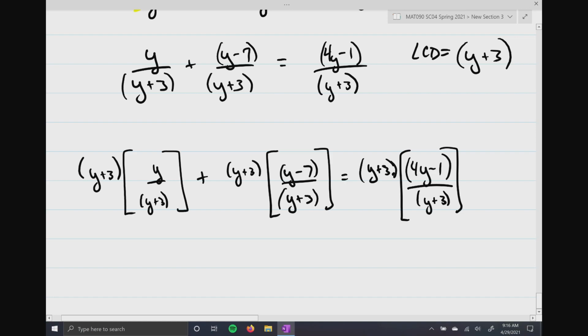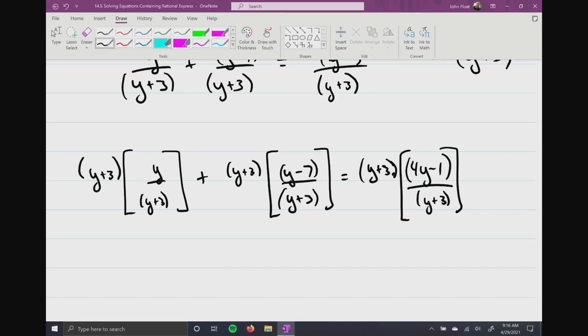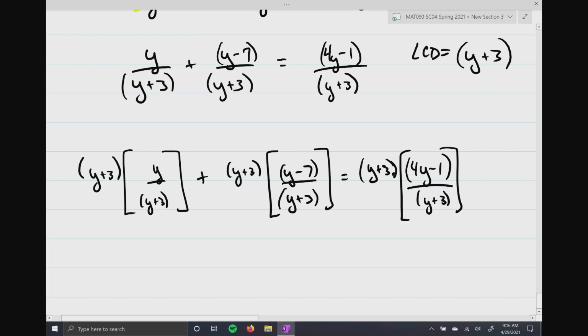Now from here, I'm going to use my highlighter first. And I cannot stress this enough. The whole reason why you chose y plus 3 as an LCD is so when you multiply every single term in the equation by y plus 3, you can reduce them.